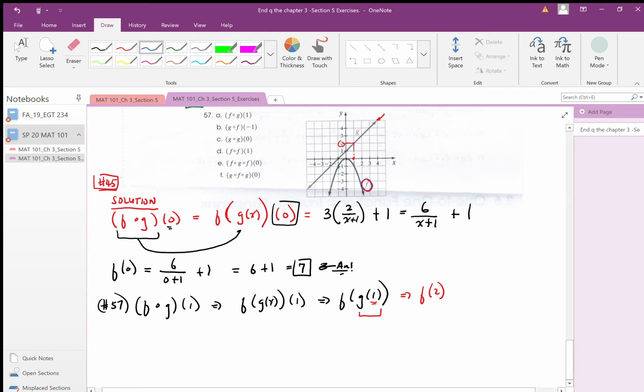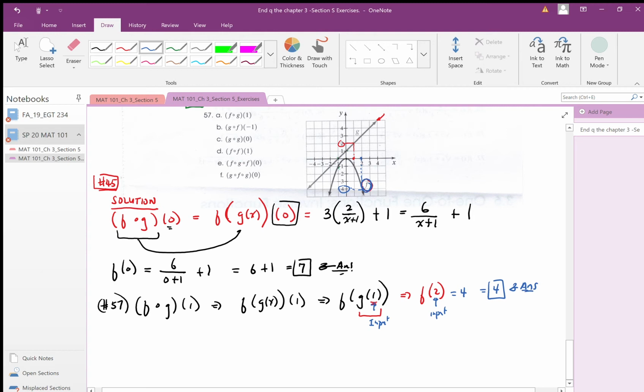Again, this is my input. So f of 2, I'm at 2. If I come all the way down, I'm going to get a y value of 4 on the f graph, equals 4. So 4 is my answer.